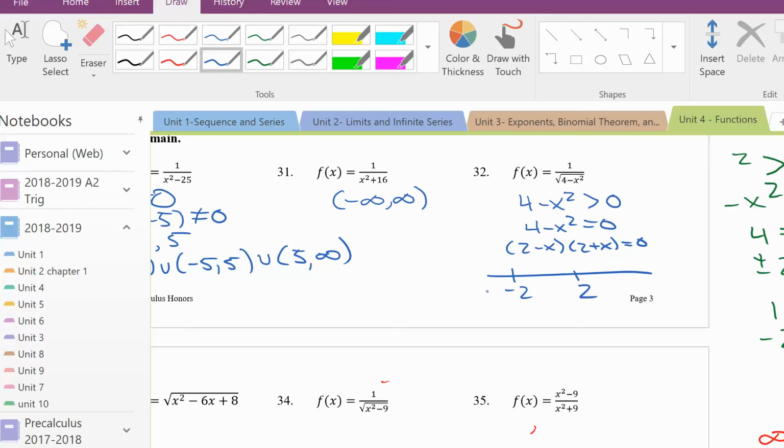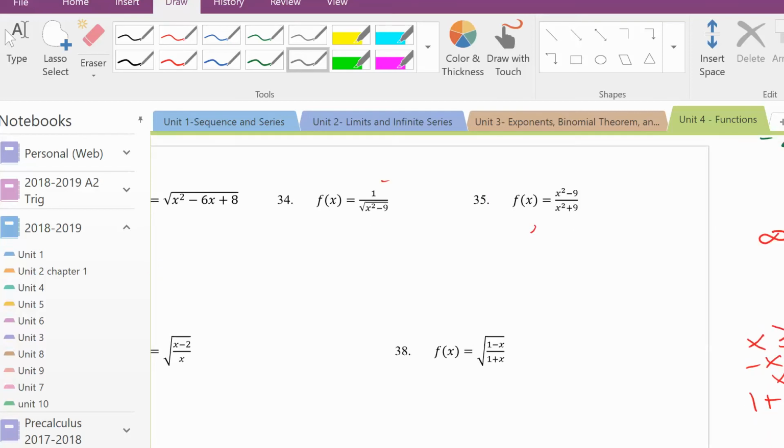So if we choose a number -3, it makes this function negative. 0 makes it positive. And then choose a number 3, that makes it negative. So since we want it greater than 0, we want the positive. So that means our domain is from -2 to 2.